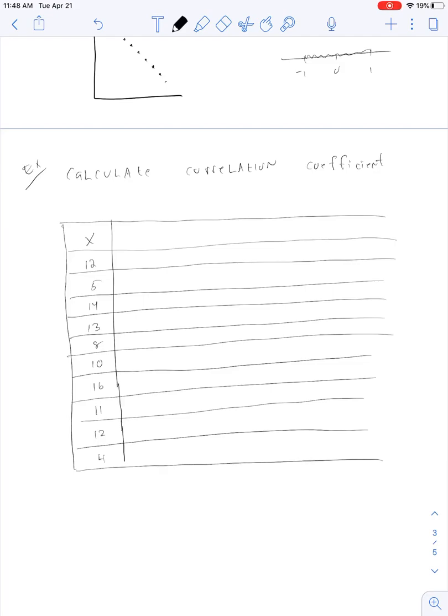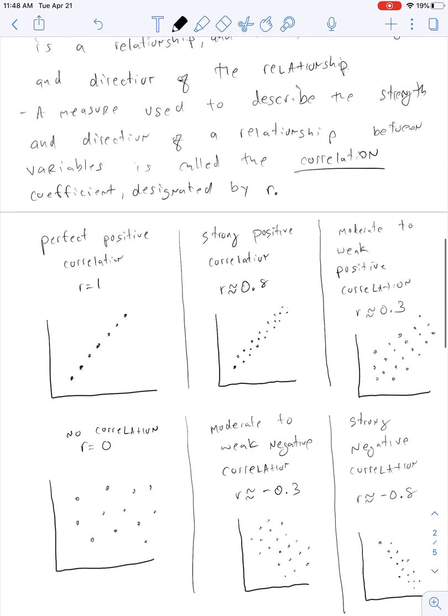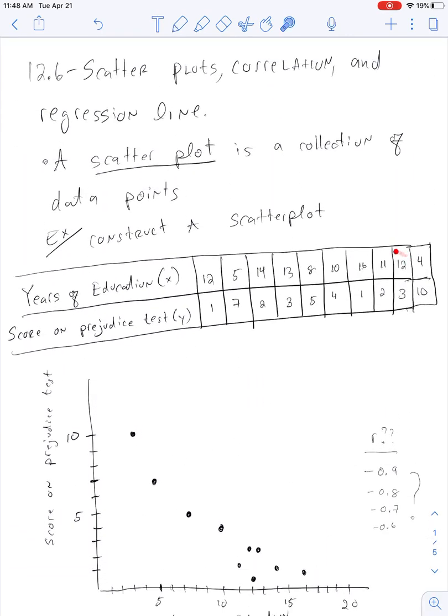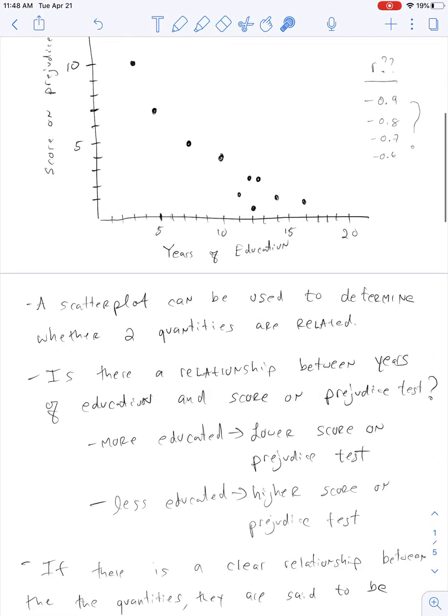After we list our x values, we then list our y values. Once again, I'm not making these numbers up. These numbers are specifically coming from that table there.